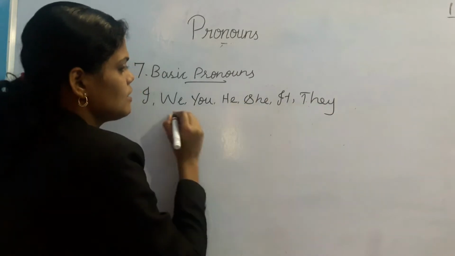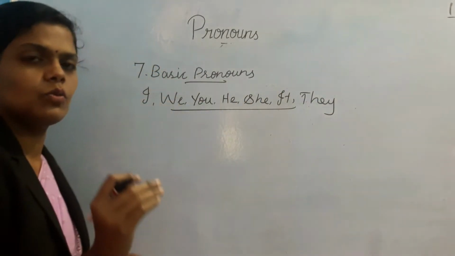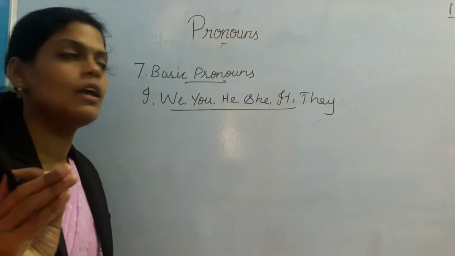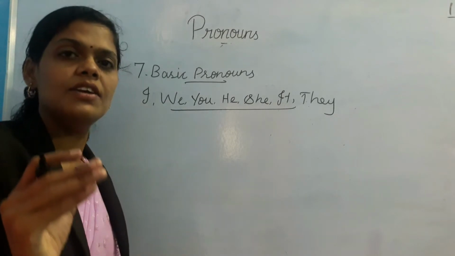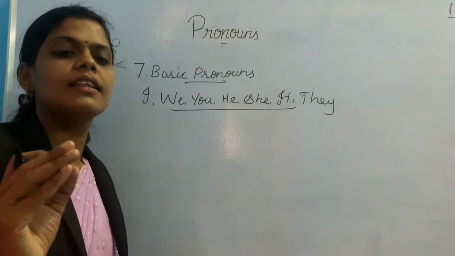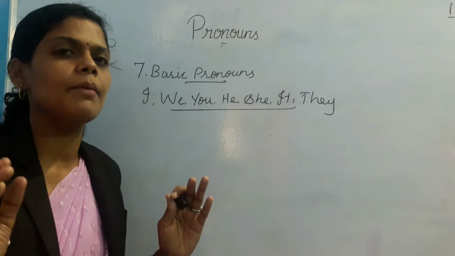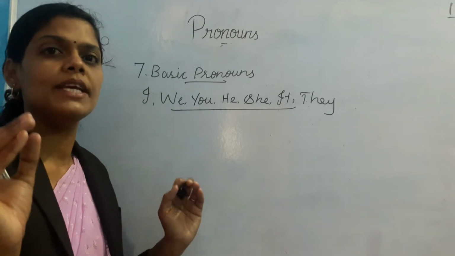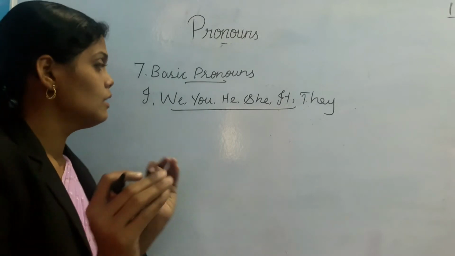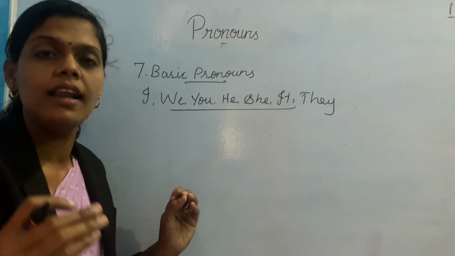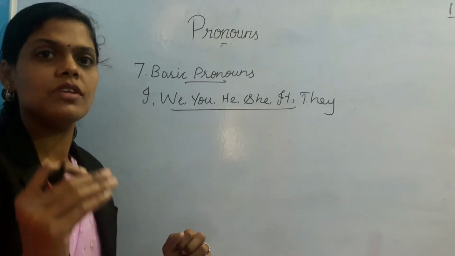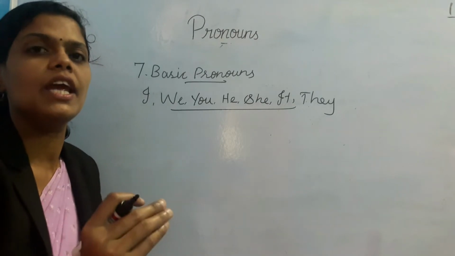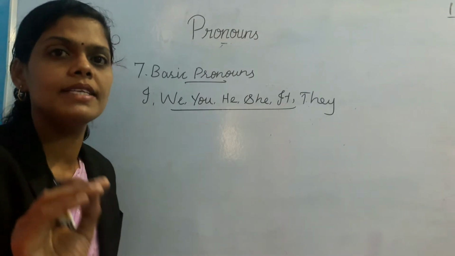They are called basic pronouns. If any question is asked, what are the basic pronouns, you should know to write or to tell. These are basic pronouns: I, we, you, he, she, it, they. There are 7 basic pronouns.